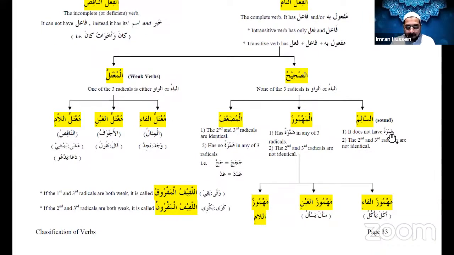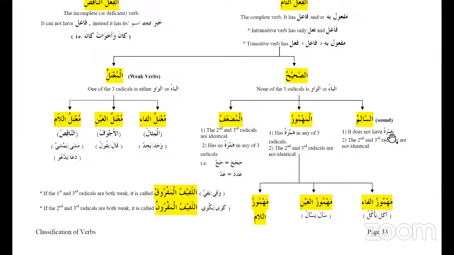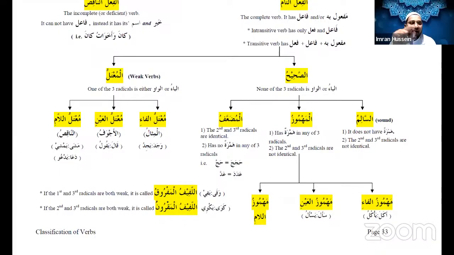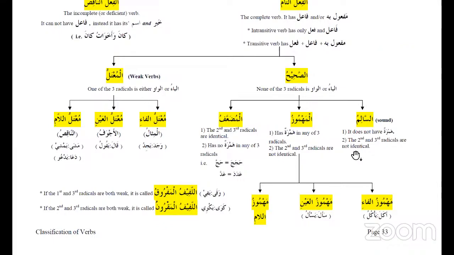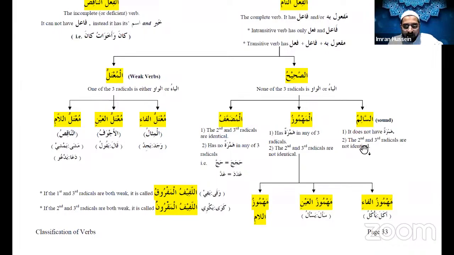hamza. For example, akala, qara'a, sa'ala. Akala, he ate. Sa'ala, he asked. Qara'a, he read. There is a hamza in the first, middle, and third radical. So it does not have a hamza, number one. Number two, the second and the third radicals are not identical. I'll explain that now, Doctor.